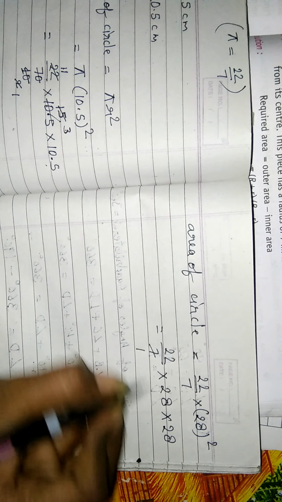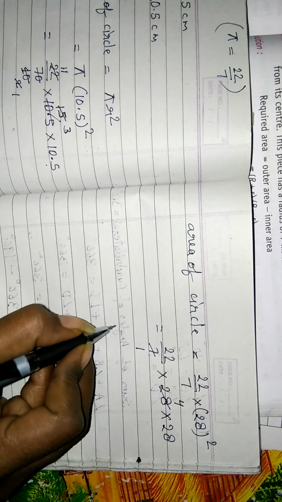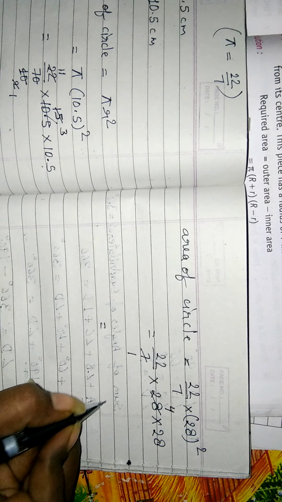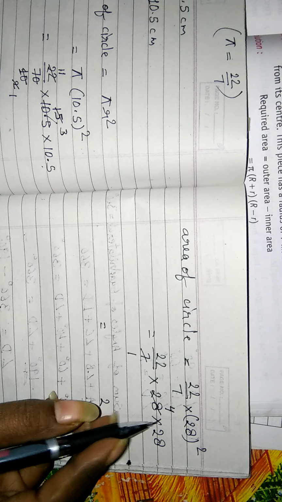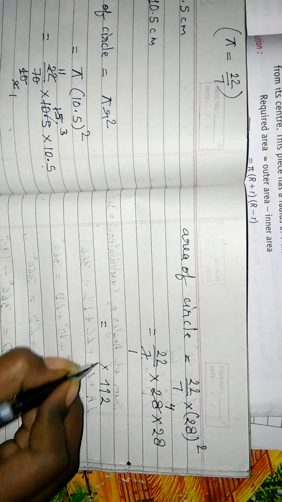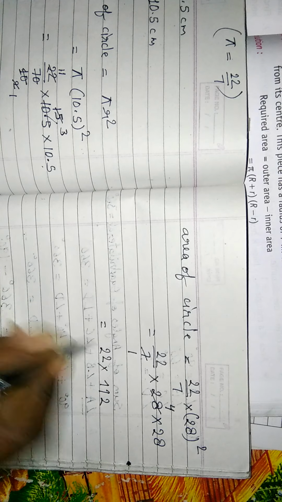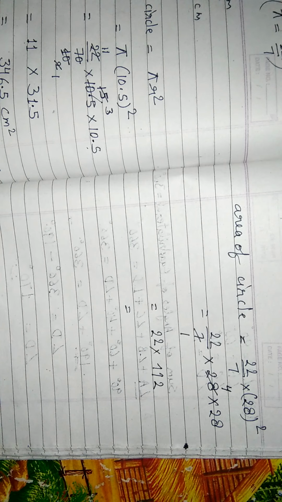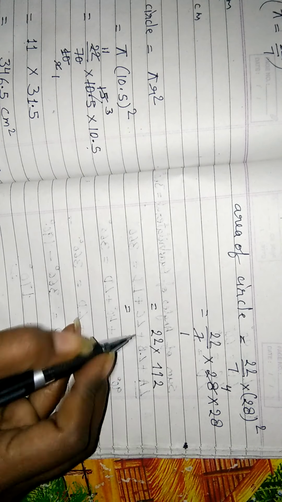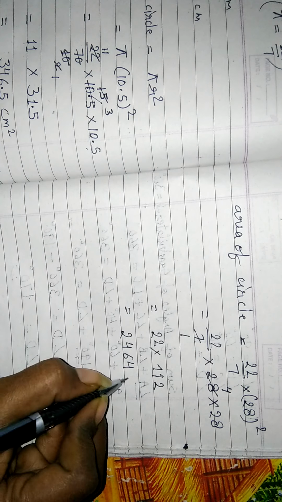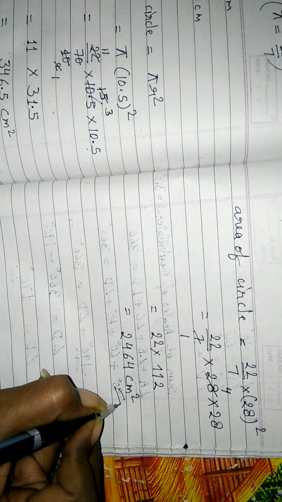So 7 ones are 7, 7 fours are 28. So we will multiply here. 4 eights are 32, 2 is here, 3 is carry, 4 twos are 8 and 3, 11. After that here 22. Now multiply this number. After multiplying these numbers, we got 2464, and this is in centimeter square, and this is the answer.